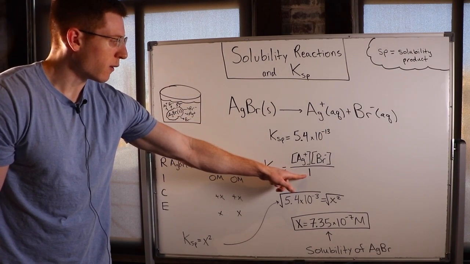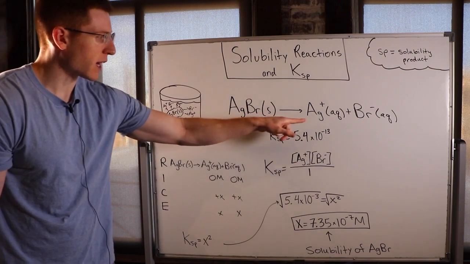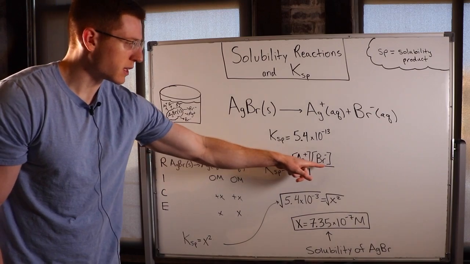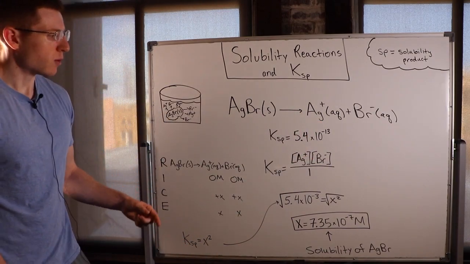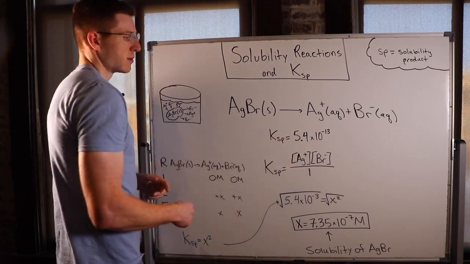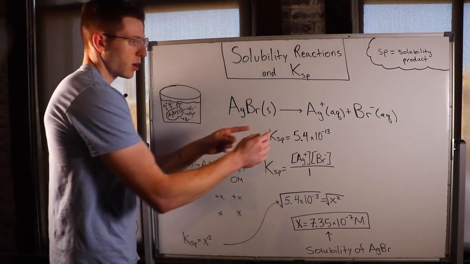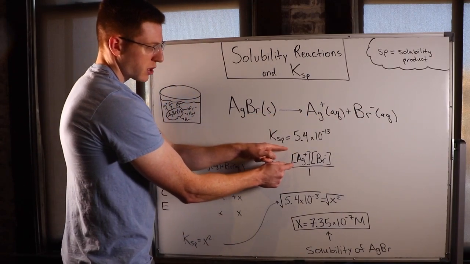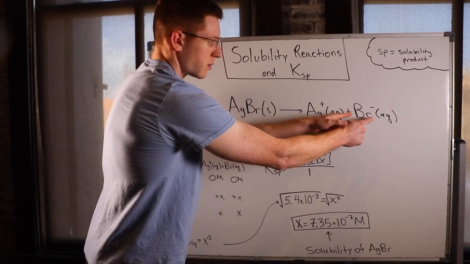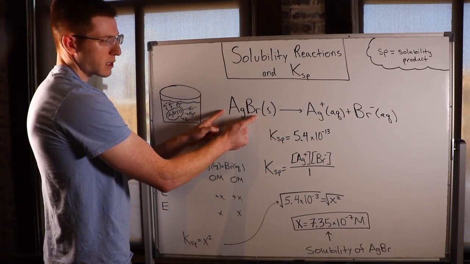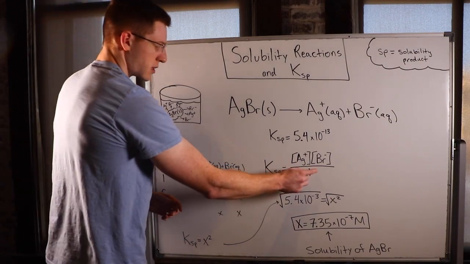If we say the KSP for this reaction is a certain value, we can look up on a table that the KSP for silver bromide is 5.4 times 10 to the negative 13. In terms of products and reactants, we've got the concentration of silver ions and the concentration of bromide ions, those are the products, over the reactant, which is a pure solid, so we include that as a 1.